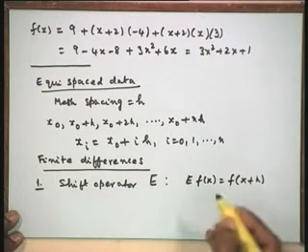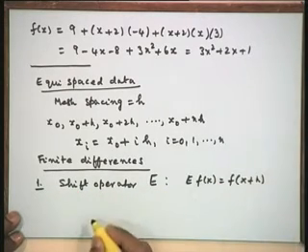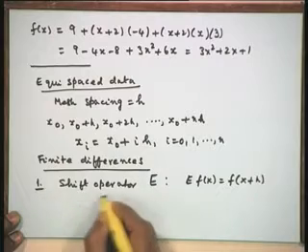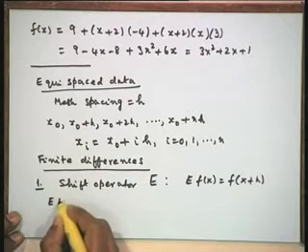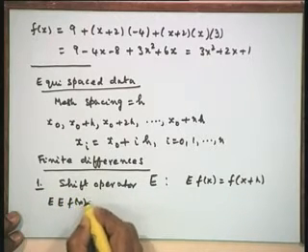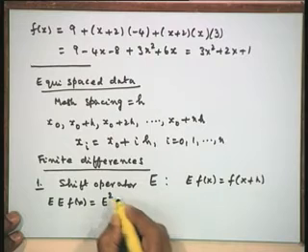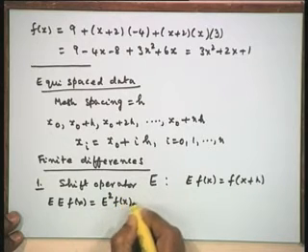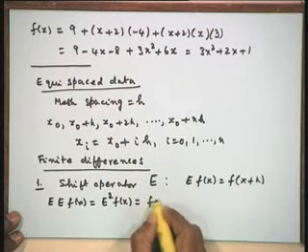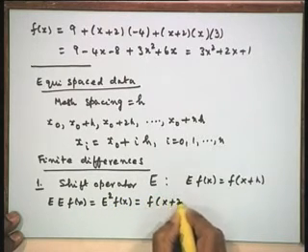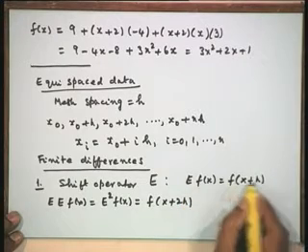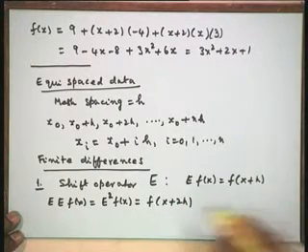So, it will shift the value of the function to the next nodal point. I can repeat this shift operator once more, E of E f x, which I would call E square of f x, that will be f of x plus 2 h, that is E of f of x plus h gives f of x plus 2 h, again it will shift to the next value and so on.